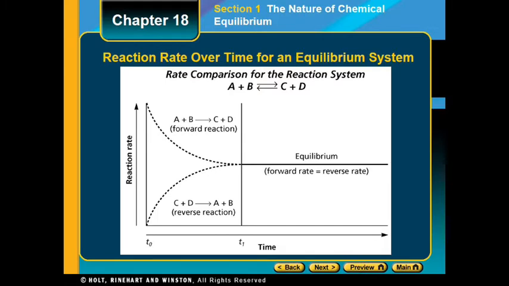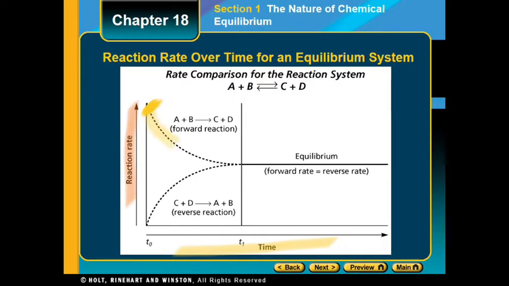This just shows your reaction rate over time for an equilibrium system. You see your reaction rate on the y-axis and time on the x-axis. For the forward reaction, you have a lot of A and B at the top.